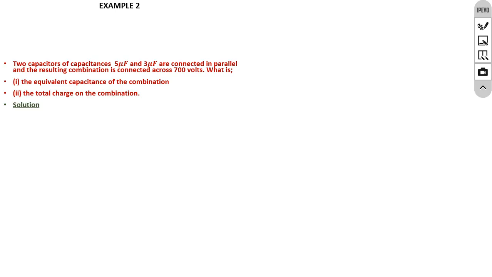Alright, solution. We consider the expression C1 plus C2 plus C3, but in this case, since we have C1 and C2, the expression will reduce to CT equals to C1 plus C2.